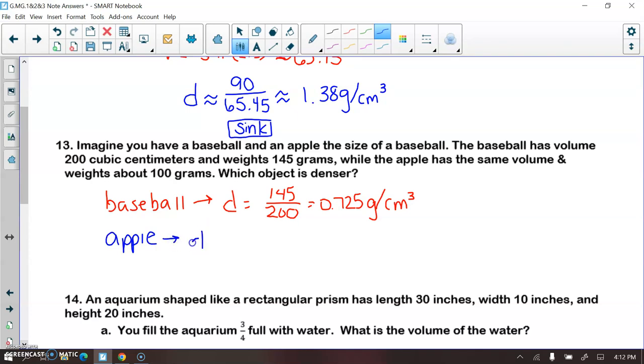So the apple's density is equal to 100 grams over the same volume. So 100 divided by 200 gives us that the apple's density is 0.5 grams per cubic centimeter. So which object is denser? That means which object has the higher density? That is the baseball.